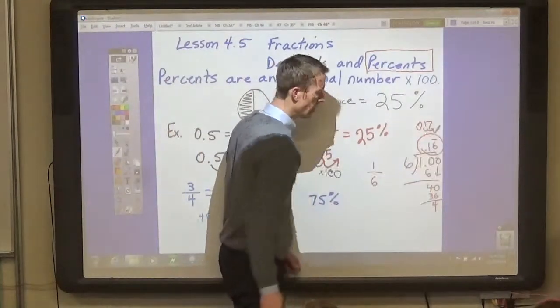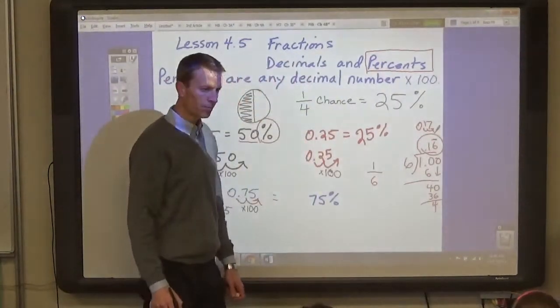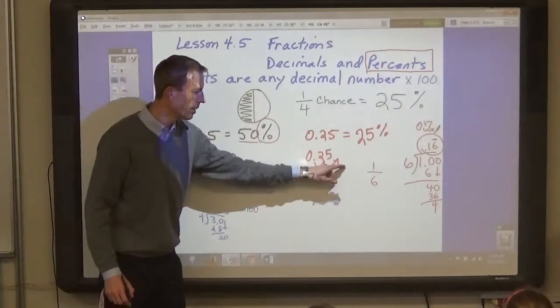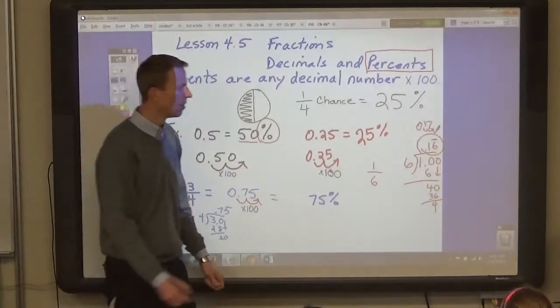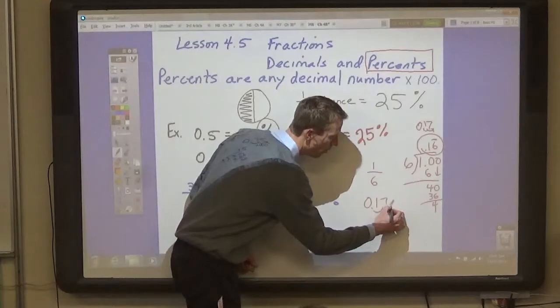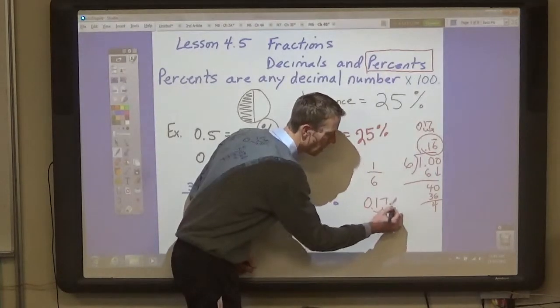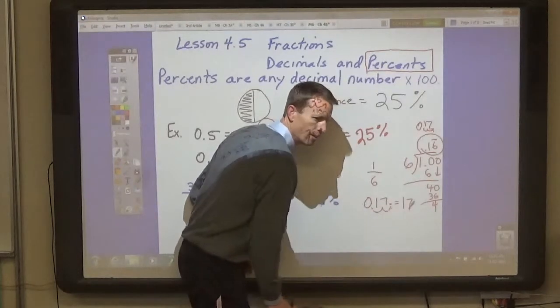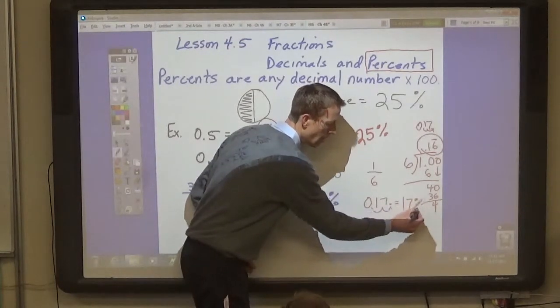So move it over 2 places. Anytime you multiply by 100, you move the decimal place over 2 places. So from 0.17, we would move it to behind the 7, which equals 17. And then the percent sign.